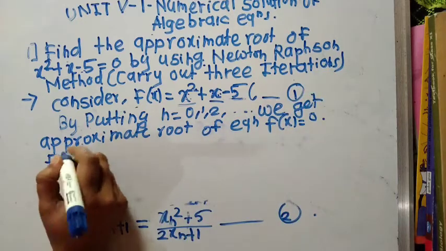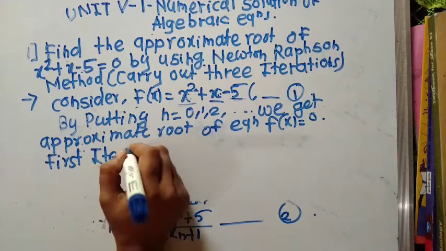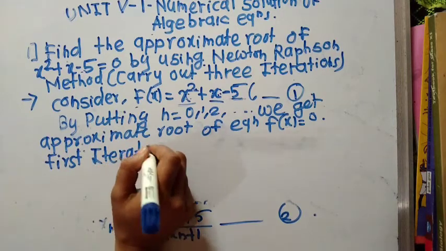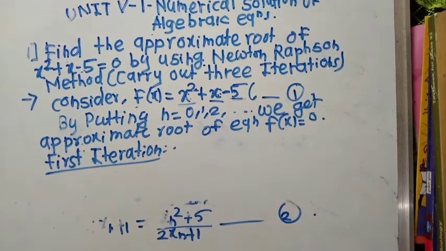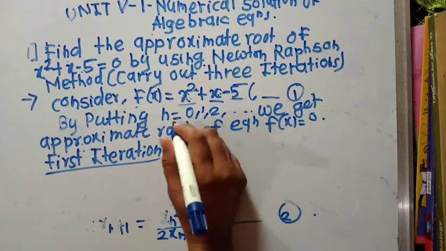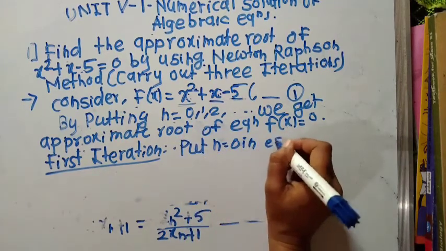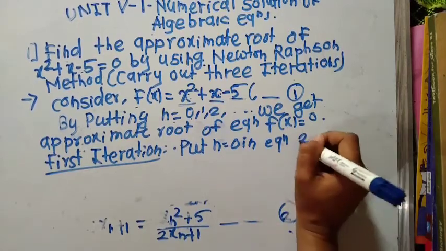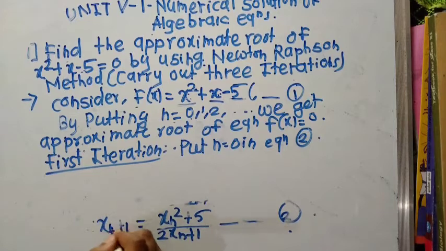So find out first iteration. Put n is equal to 0 in the second equation.